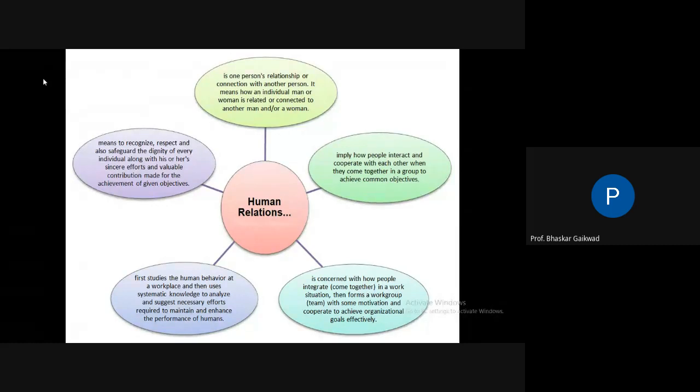Then next, first study human behavior at the workplace, then use systematic knowledge to analyze and suggest the necessary effort required to maintain and enhance the performance of humans. So here there is human psychology, industrial psychology, where first we have to study human behavior in the workplace.